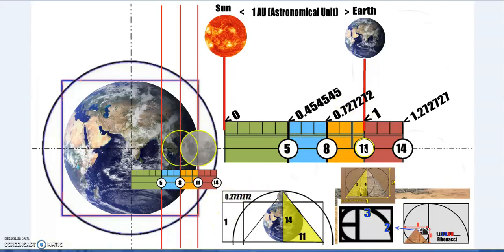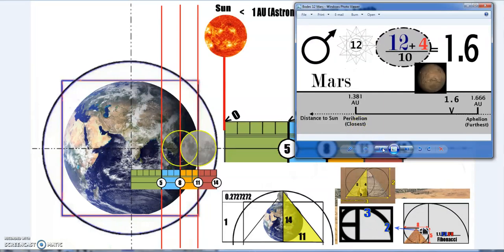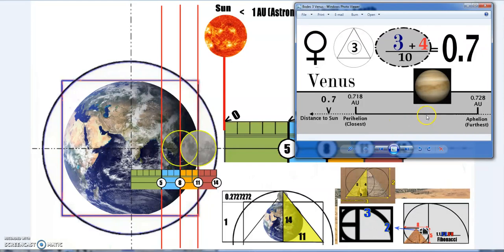Okay, so using the Vesica and building backwards from that, the next would be 8 in relation to 1 at 0.272727. Let's go to Venus. Venus is between 0.718 and 0.728 AU.